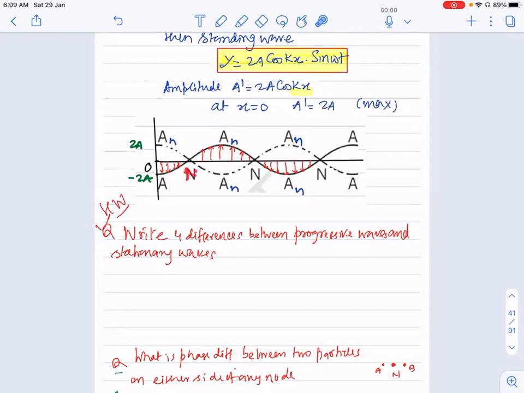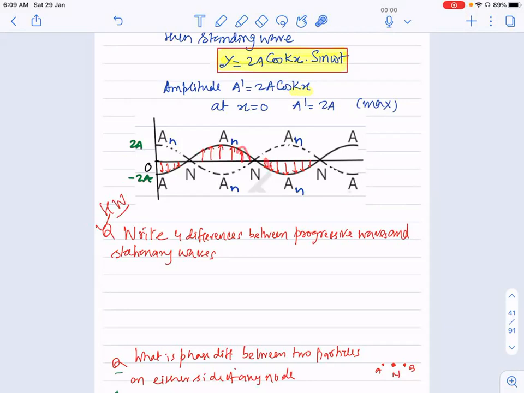but between particles of the two nodes, all the particles are crossing the mean position together. So particles between 2 nodes are in phase, and on adjacent sides of a node they are out of phase.